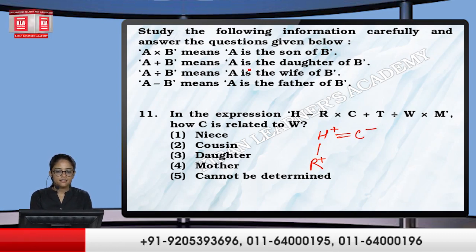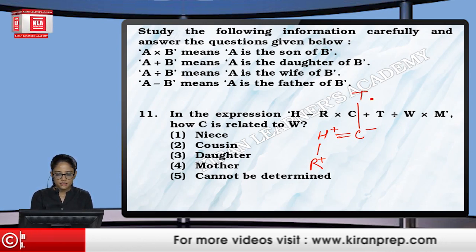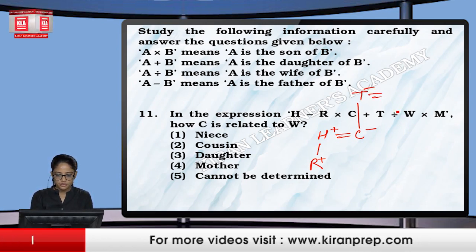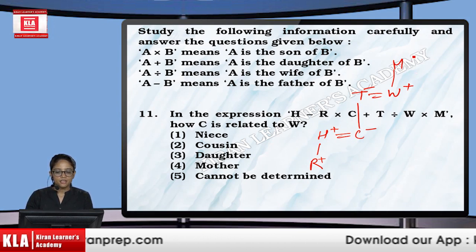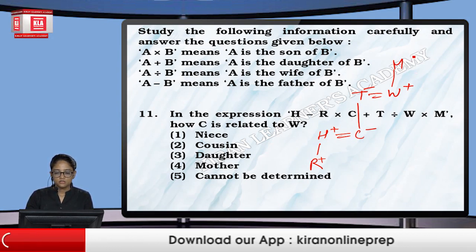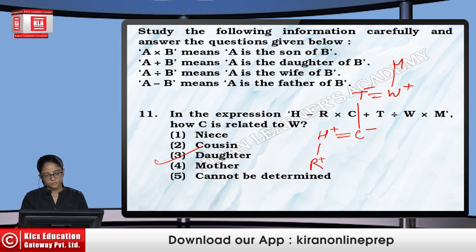Plus means C is the daughter of B, means T. Then divide means T is the wife of W, and cross means W is the son of M. So how is C related to W? C is the daughter of W. So option will be third one.